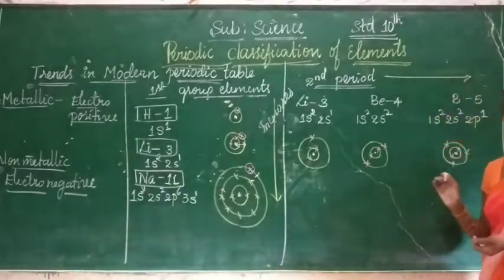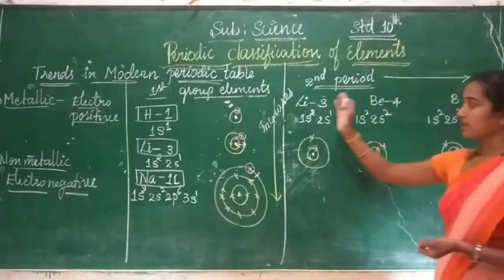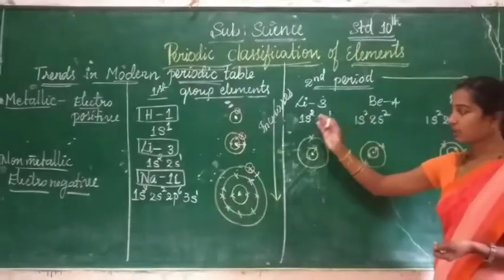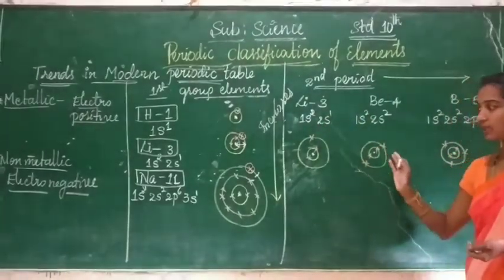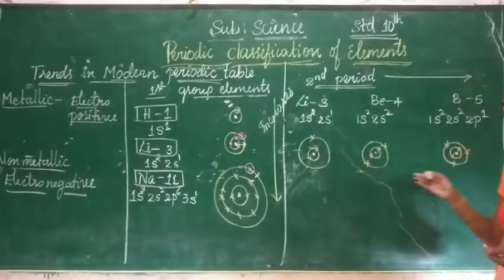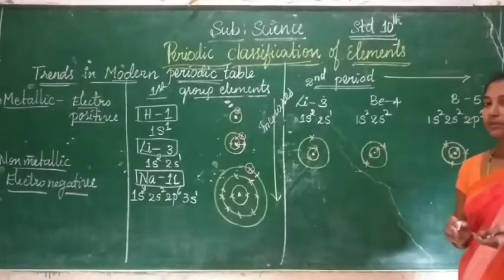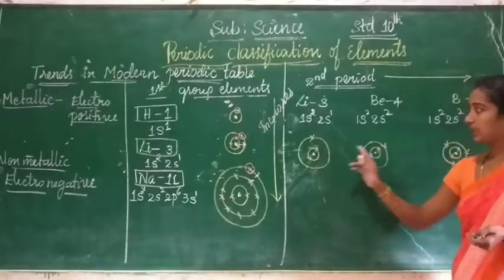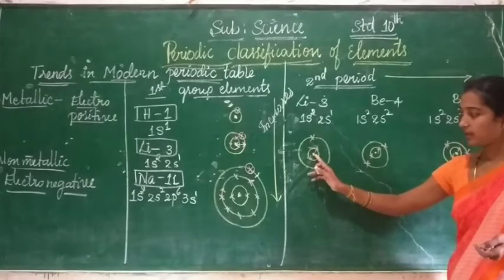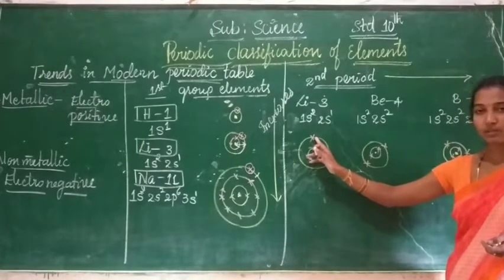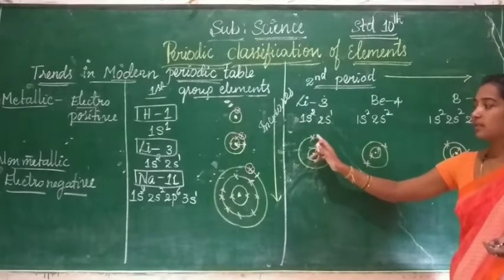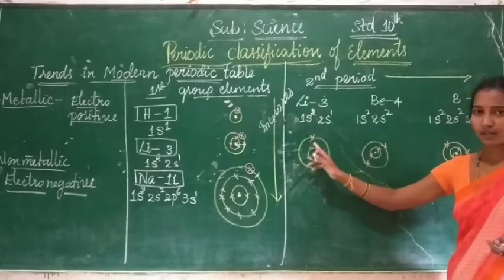Now come to across the period. The second period elements are lithium, beryllium and boron, each with its respective electronic configuration. According to the electronic configuration, we can roughly draw the diagram of the atom: lithium, beryllium and boron. Now observe here, the distance between the nucleus and the outermost shell is quite large in lithium. The removal of this electron is very easy.